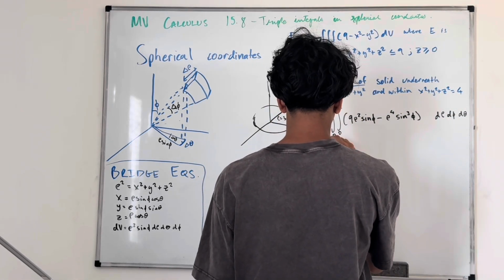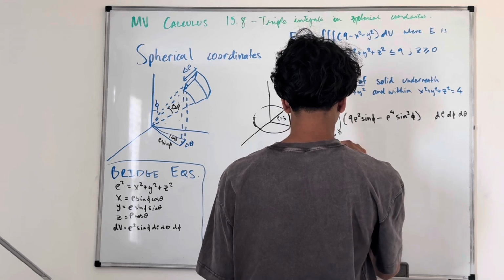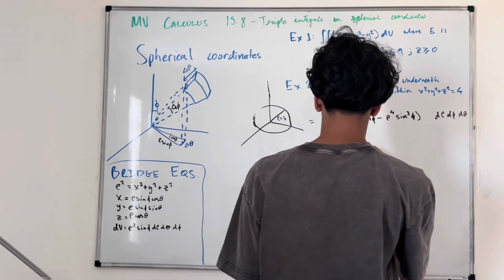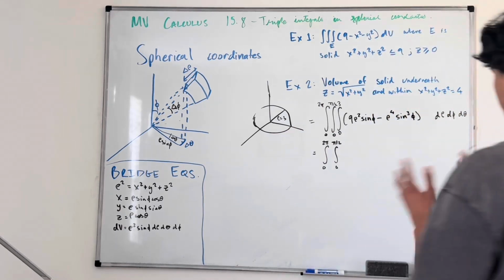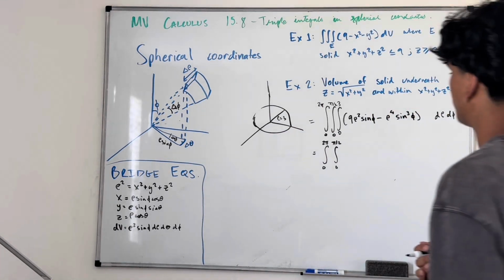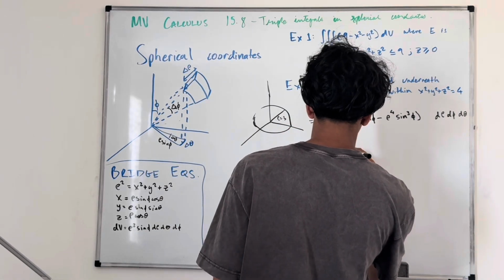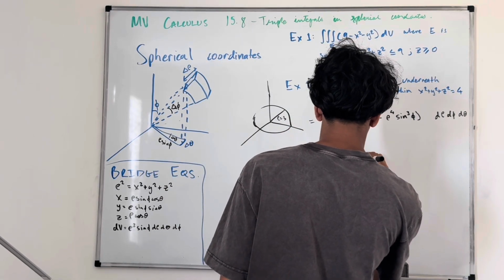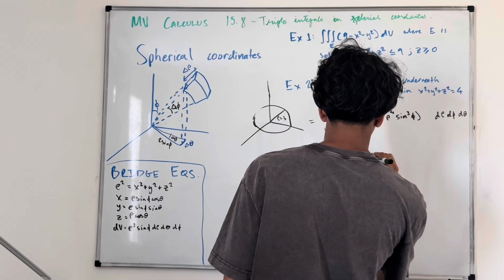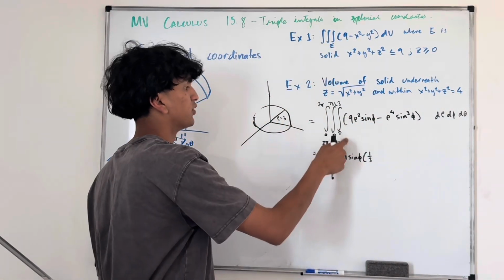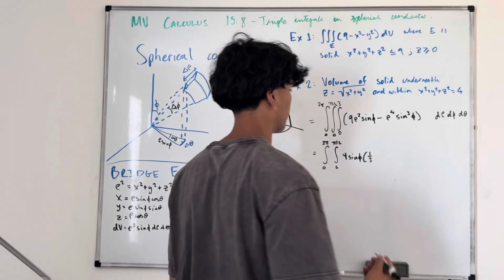Everything else we regard as constants. Hopefully that's a concept you're familiar with by this point in multivariable, the idea of treating other variables as constants when we're integrating with respect to one variable. So it's going to be 9 sine phi times 1/3 times 3 cubed. We would do 3 cubed minus 0 cubed, but 0 cubed is just 0.